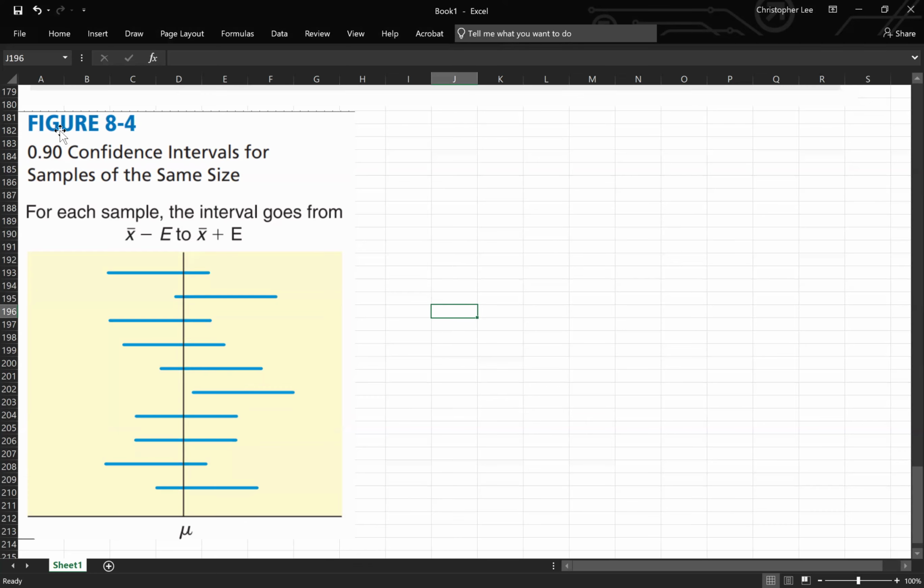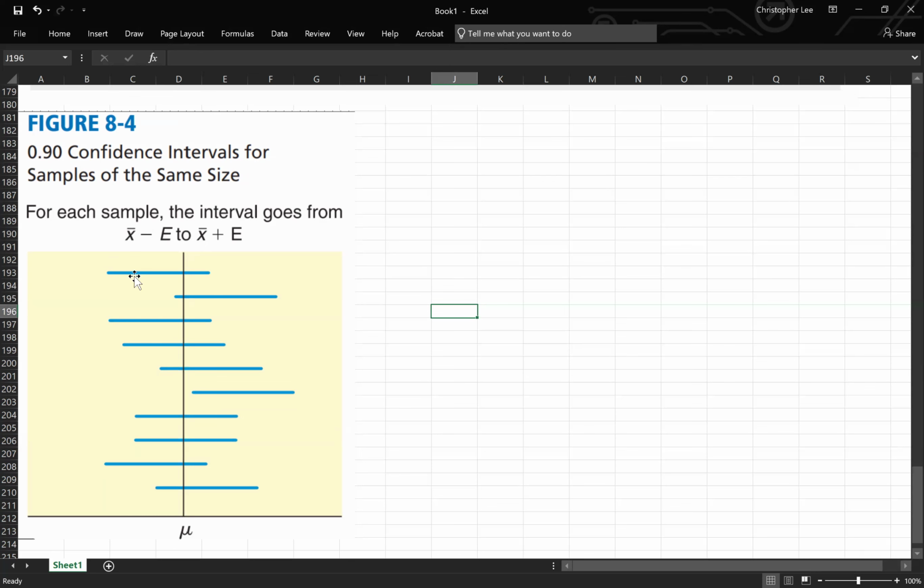So at the 90% confidence level, for samples of the same size, each one of these blue lines represents a sample that was taken. When I say that I'm 90% confident that the sample I have contains the population mean mu, let's say mu is this black line. As you can see, some samples might have mu in the dead center.